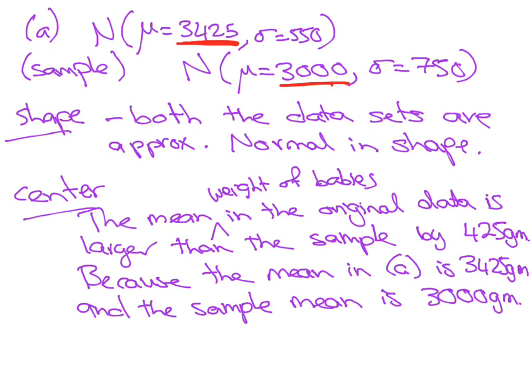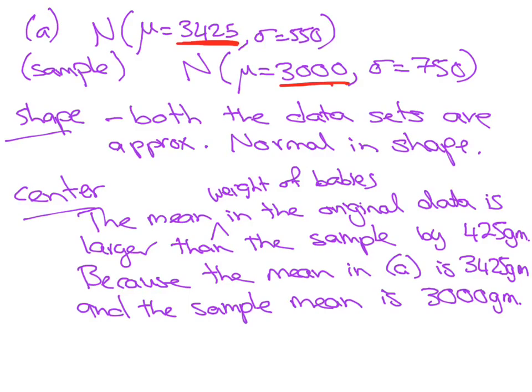Okay, shape, centre, spread. So I need to compare the spreads. The first one has a spread of 550 and our sample has a spread of 750. Because this one has a bigger number, that means that data is more spread out.